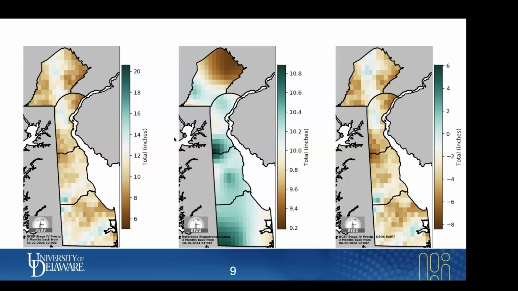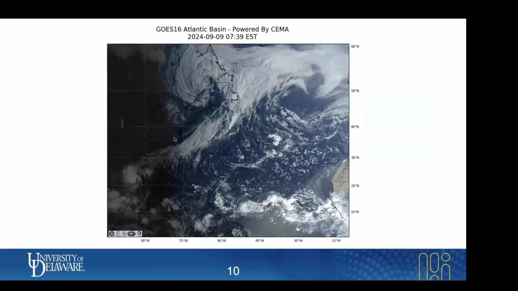Putting the precipitation and evapotranspiration data together, we get the P-ET maps, which are shown on the far right here, which provide a decent representation of the surface water balance. The maps and graphs are used regularly by CEMA to inform the state about recent hydroclimatic conditions, which in turn informs water resource and drought response decisions in the state.